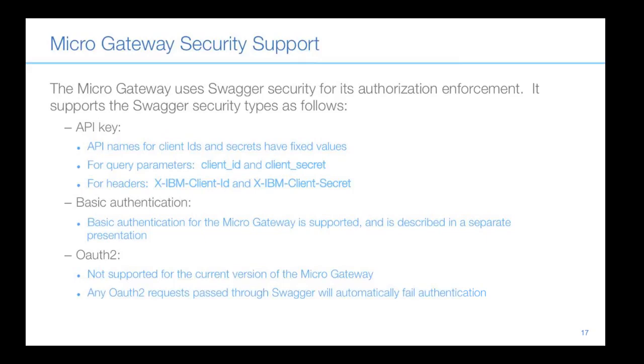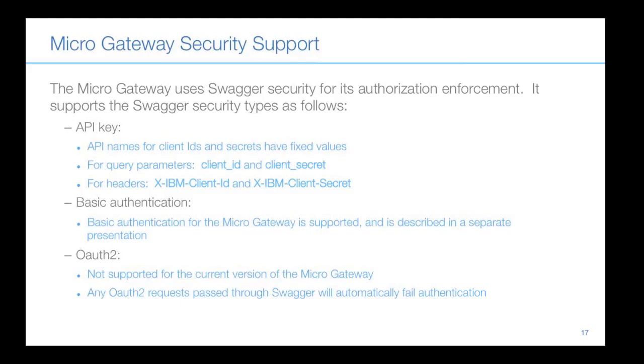They have fixed values. For the query parameters, it's client_id and client_secret. For headers, it's the user or the custom defined X-IBM-Client-Id and X-IBM-Client-Secret. Those are currently fixed. That might change in the future. But for now, if you use anything besides those names, they won't work.